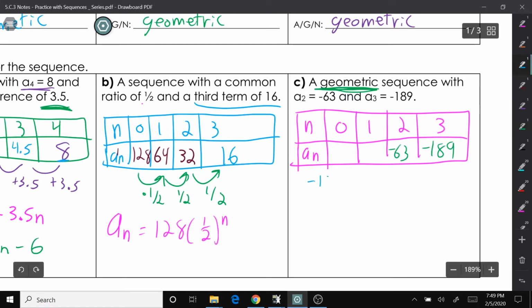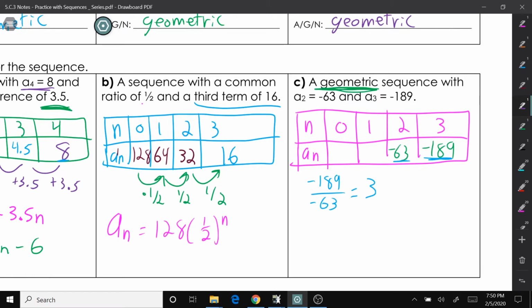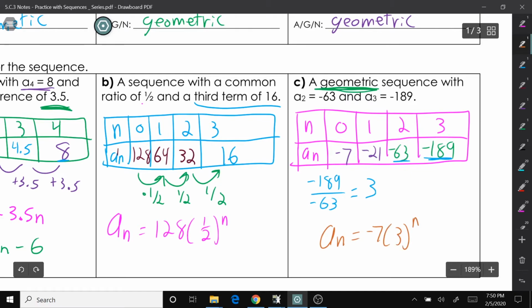So if I do negative 189 divided by negative 63, two consecutive an values of the sequence, we get positive 3. So that is our growth rate. So now to go backwards, we're going to do negative 63 divided by 3 and get negative 21. And then do negative 21 divided by 3 and get negative 7. So then the formula will be an equals negative 7 times 3 to the nth power.